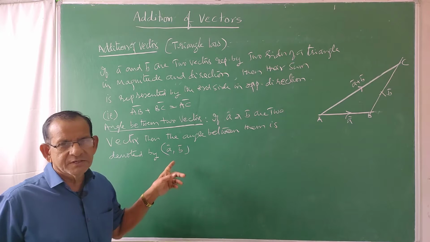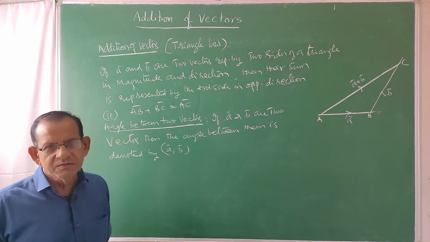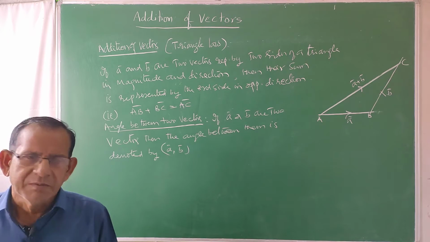The indication of this is the angle between A bar and B bar. If it is theta, theta is equal to bracket A bar comma B bar.